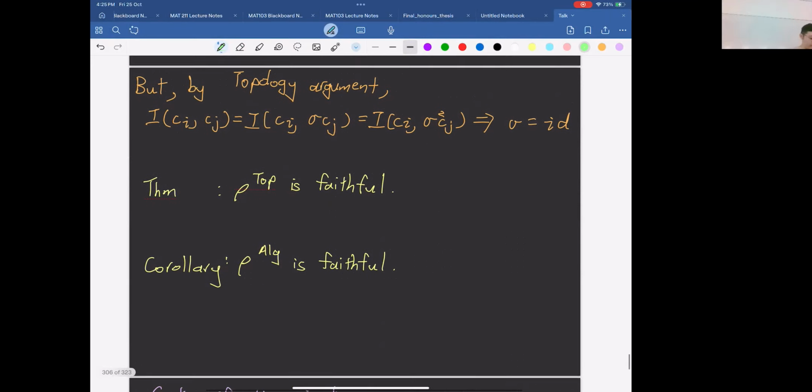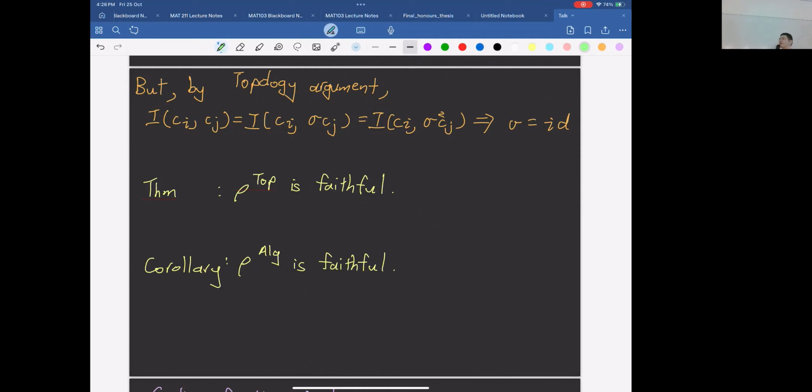So how about the faithfulness result here? To prove a faithful representation, we will rely on a topological argument. If you look at the two curve intersection in the disk, what happens is if it happens to be equal to another intersection after you add by the braid, and similarly it equals adding the braid twice, it is identity, then this proves that your topological action is faithful.